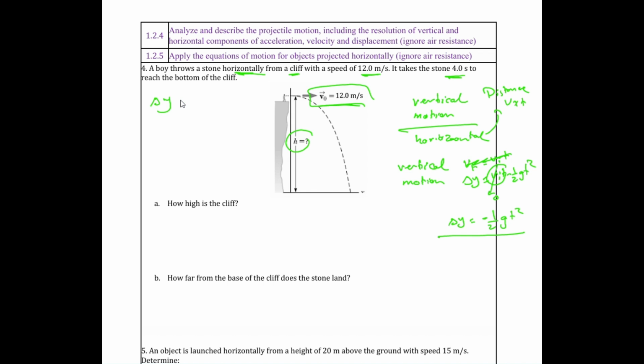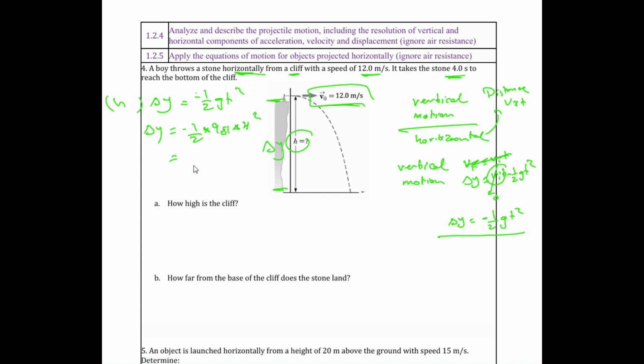Since we need to calculate it vertically, we need to use this formula, which is minus half gt squared. Delta y, which is similar to h, the height. So delta y equal minus half times 9.81 times the time given to us, 4 seconds, which is 4 squared.